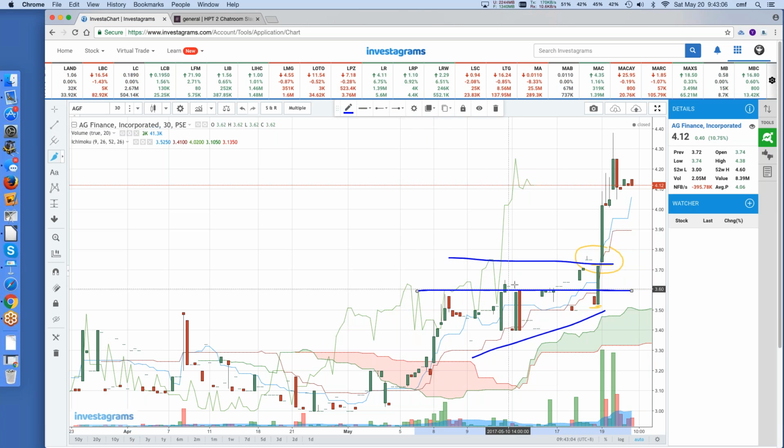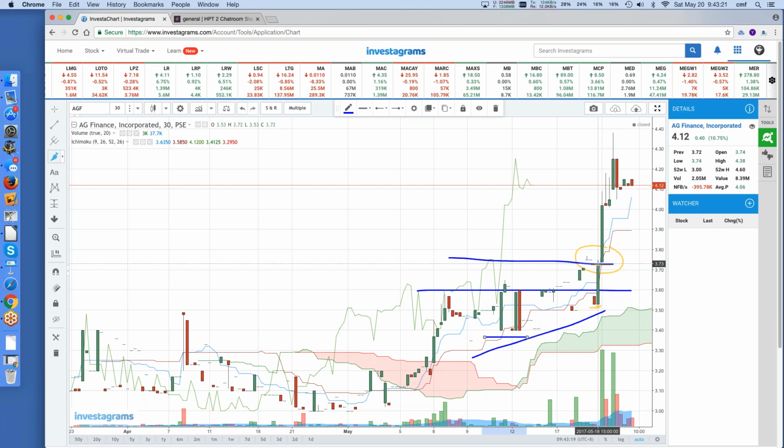It broke above the price. Here's the Chico span, and this was the price of previous days. So Chico span broke above the price right here. At closing time, the candlestick was a long green candlestick that also crossed above the Kijun Sen. So there's a Kijun Sen crossover, a Tenkan Sen crossover.